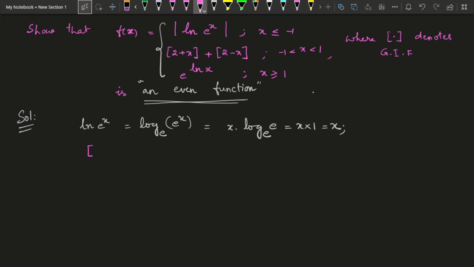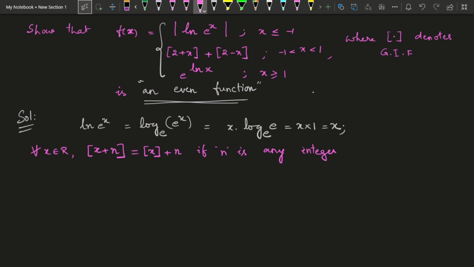Integral part of x plus n is equal to integral part of x plus n if n is any integer. Here x can be any real number. For all x belongs to R, integral part of x plus n can be written as integral part of x plus n. Here n can be any integer.